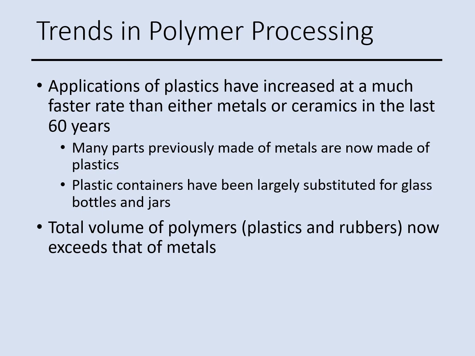Some examples are plastic containers, bottles, and jars. These are made of plastics these days. In general, the total volume of polymers, which include plastics and rubbers, now exceeds that of metal material.